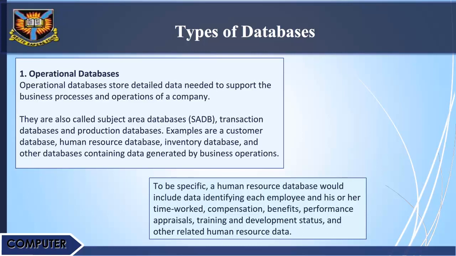Examples are a customer database, human resource database, inventory database, and other databases containing data generated by business operations. To be specific, a human resource database will include data identifying each employee and his or her time worked, compensation, benefit, performance appraisals, training and development status, and other related human resource data.